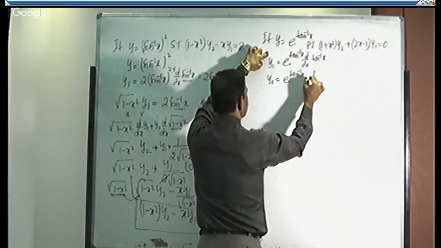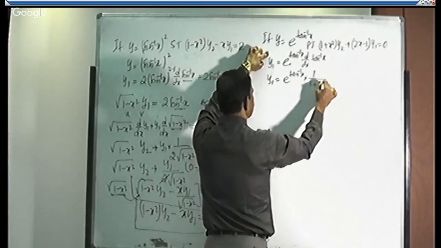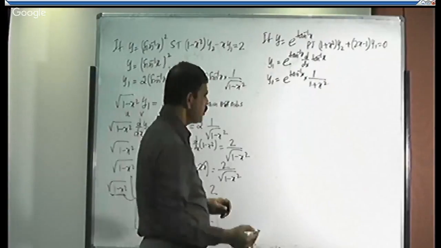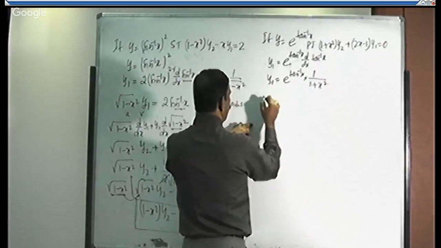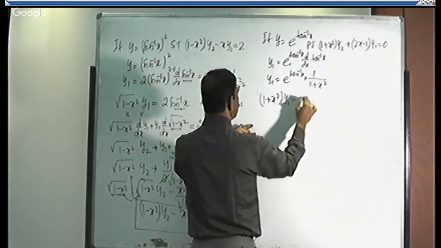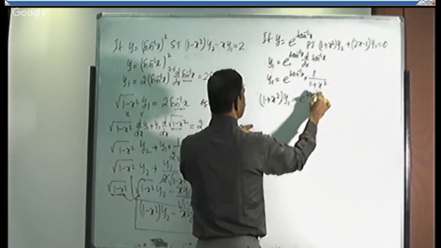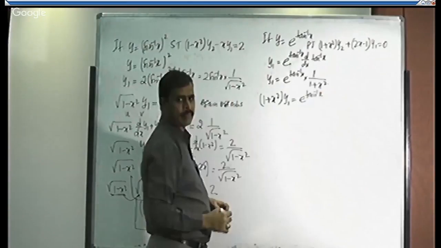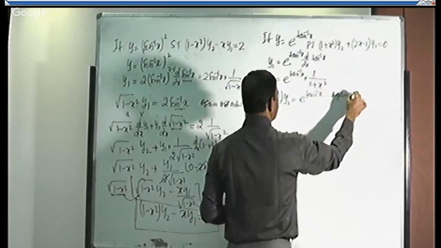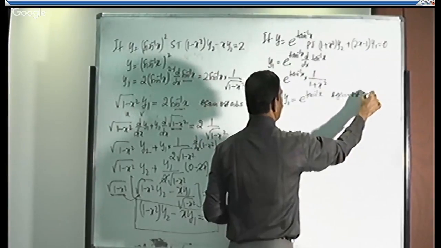Differentiation of tan inverse x is 1 by 1 plus x square. You just cross multiply. 1 plus x square into y1 is equal to e to the power of tan inverse x. Right? Again differentiate on both sides.